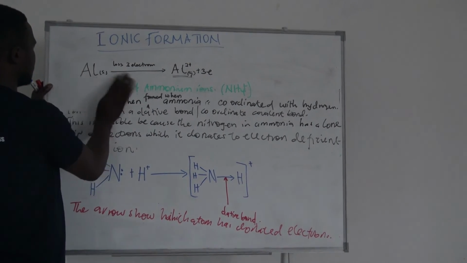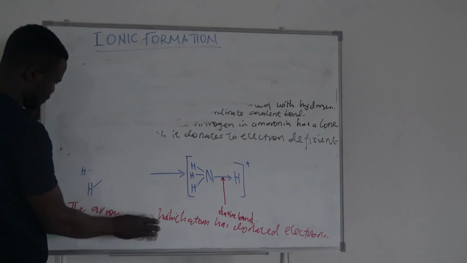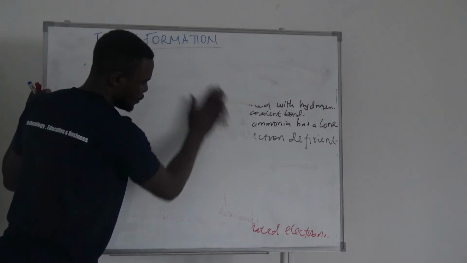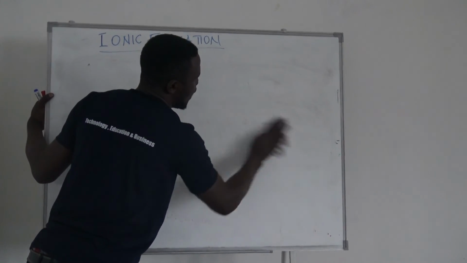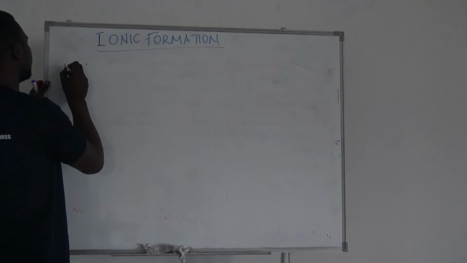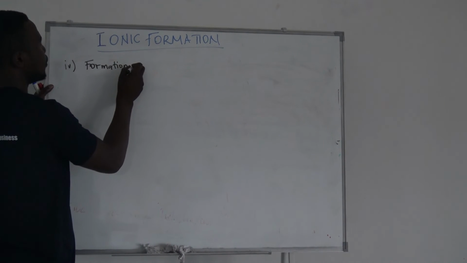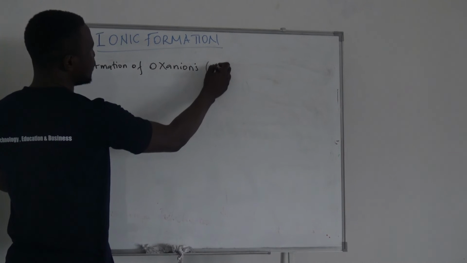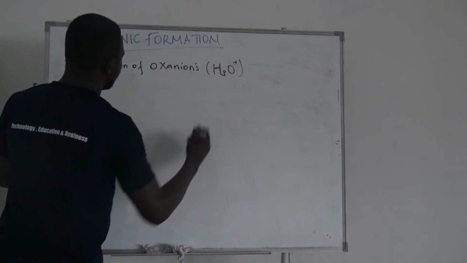The fourth example, example 4, is the formation of oxonium ions, and this is how oxonium ions are written.